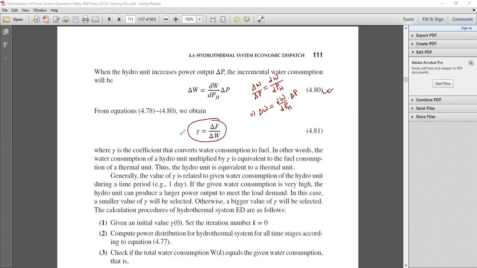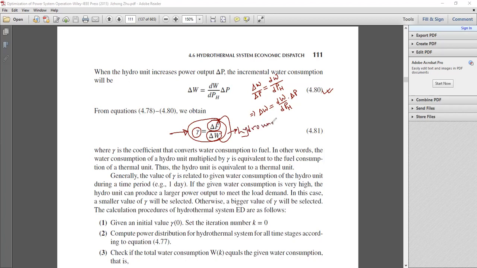Okay, so what does this say? This says that you have some incremental change in water consumption and you have some incremental change in the fuel cost. Remember, F here is the fuel cost. So this gamma is basically a coefficient which translates the water consumption into equivalent fuel consumption for hydro units.